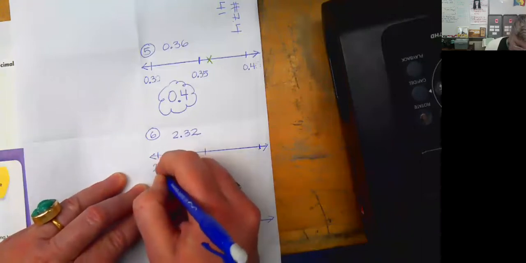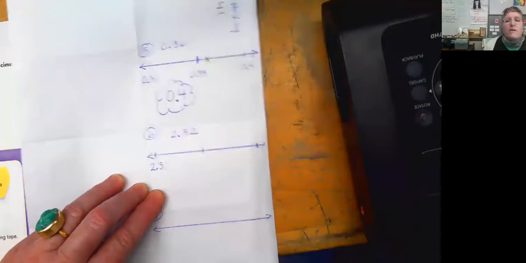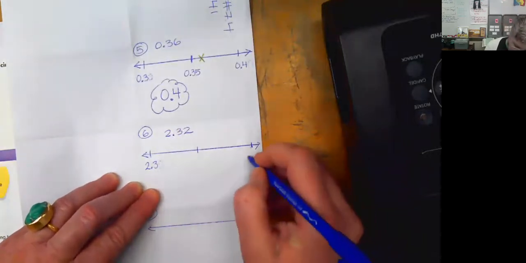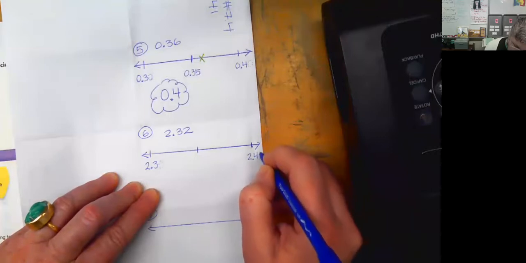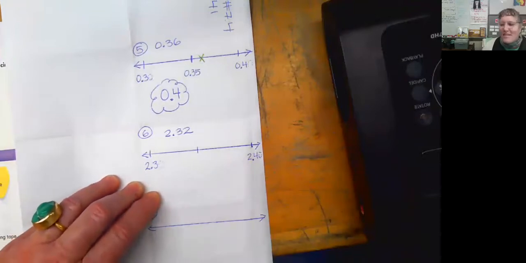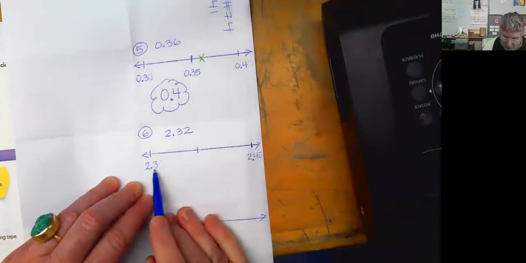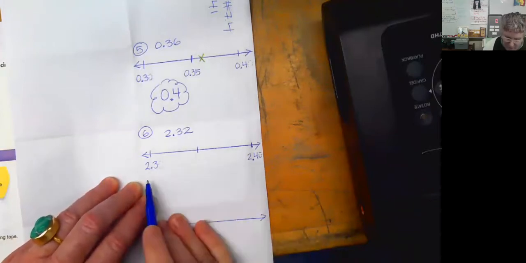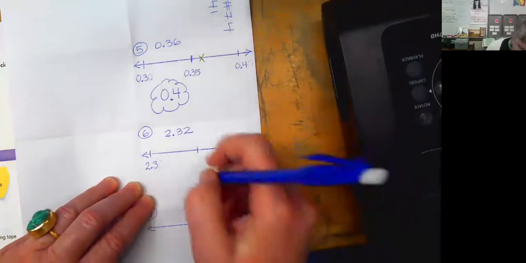So I'm going to call this 2.3 with my little magical 0 there. And this is going to be 2.4 with my invisible 0. That one's a little less invisible and more visible. So between 2.3 and 2.4 is going to be 2.35, right?